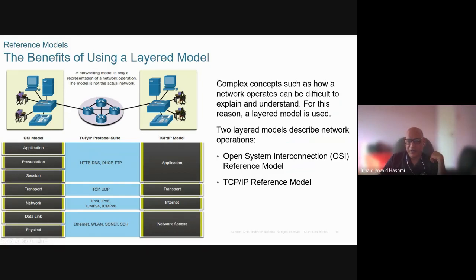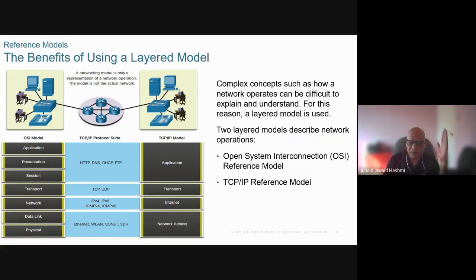And on the other end, you have the same. So the goal is to make communication possible from this device to this device, from this network to the other network. As you see, there are many different protocols, many different software, and many different hardware being used.